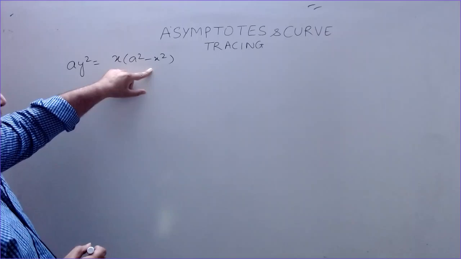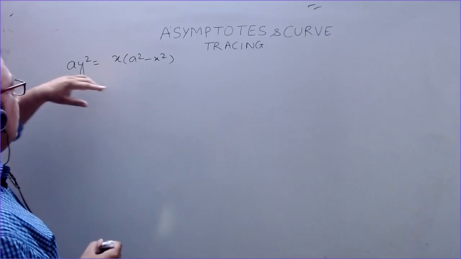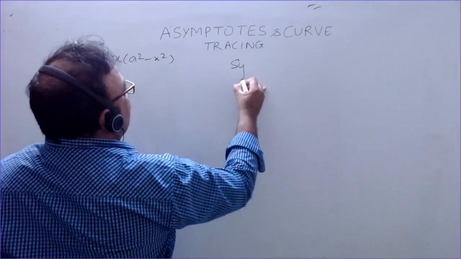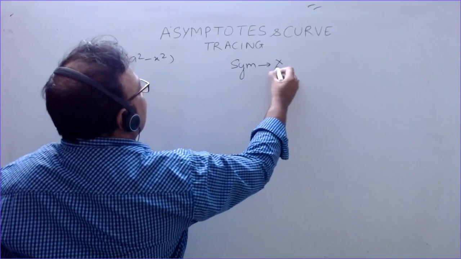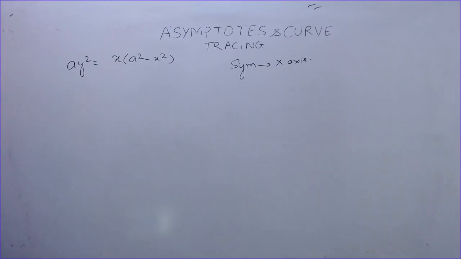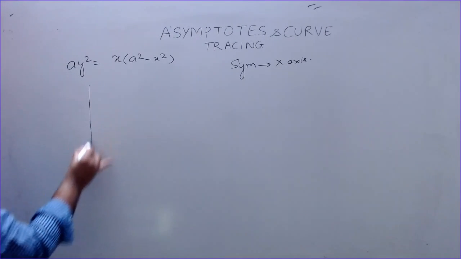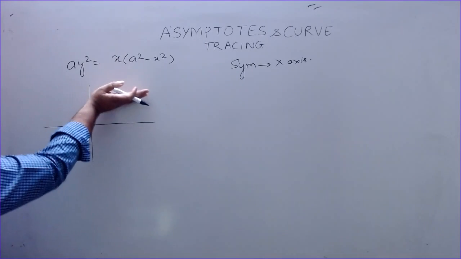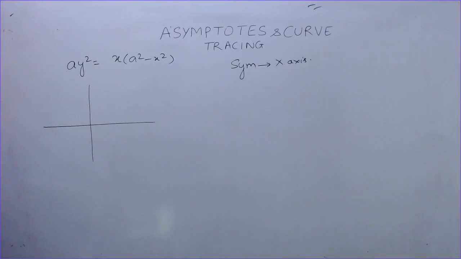So the powers of x are odd, only y has an even power. So this is symmetrical about the x-axis. We will draw this along with our discussion. Symmetrical about the x-axis, same on this side and this side.